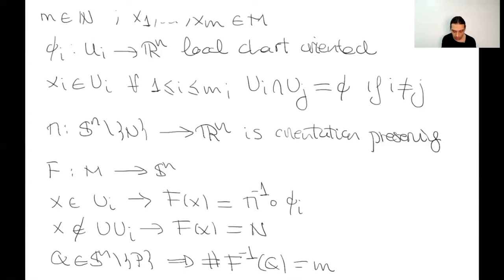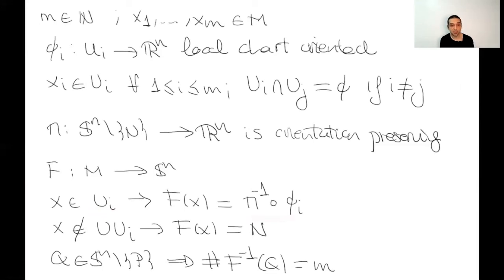These maps in Ui are orientation preserving diffeomorphisms from Ui to its image. So the degree in all these points is equal to 1, so the degree of the map built in this way is equal to m.